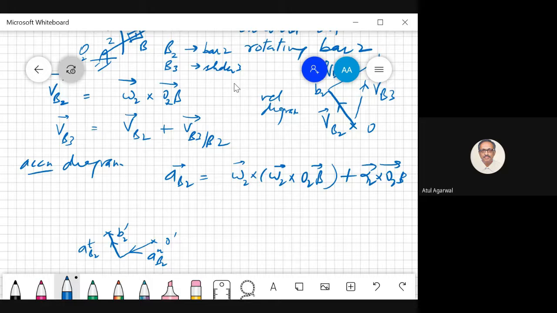Now what is acceleration of B3? Number one, acceleration of B2 plus acceleration of B3 with respect to B2. B2 we already know, but we need to know this.